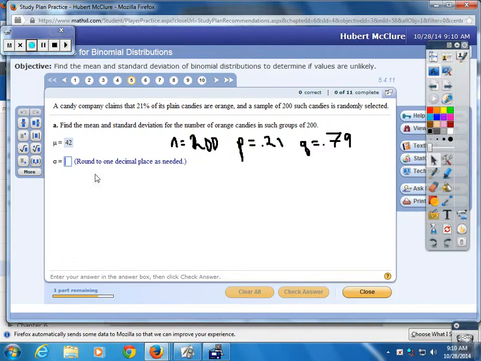All right, what is sigma? Well, mu is N times P, which is 42. So we got to multiply 42 times 80%. Now I'm just doing it in my head so I can check the calculator. So 10% of 42 is what? 4.2.